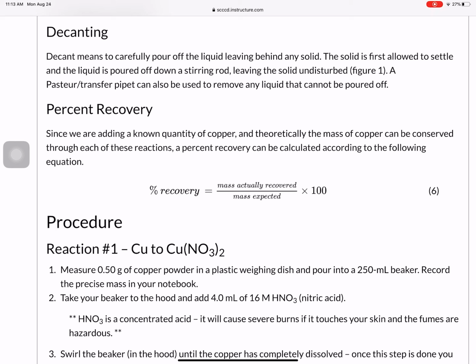Now, of course, we know that things do not work perfectly, and so we will probably lose some of our copper along the way. We can quantitate this using percent recovery. So we're going to look at the mass that's actually recovered and divide it by the mass that's expected. The expected mass is the mass that we started with, times 100. So that's the one calculation you'll be doing.